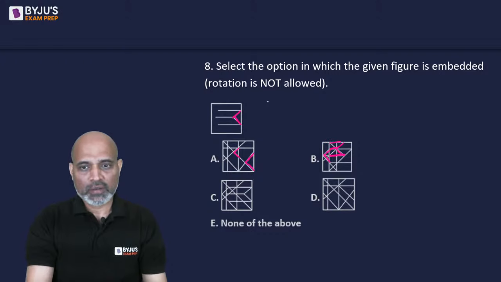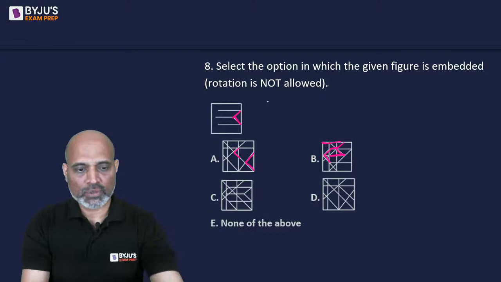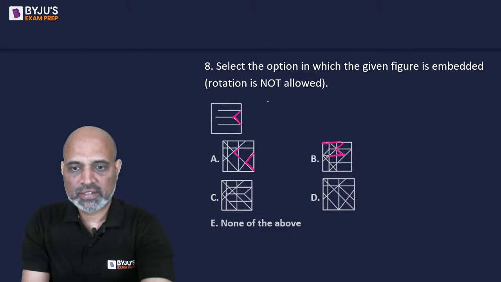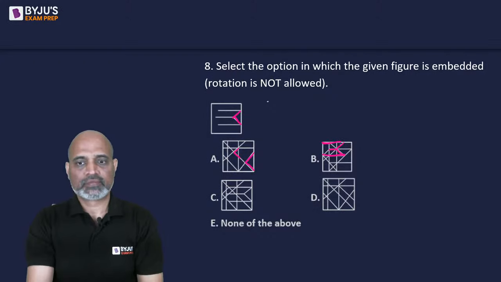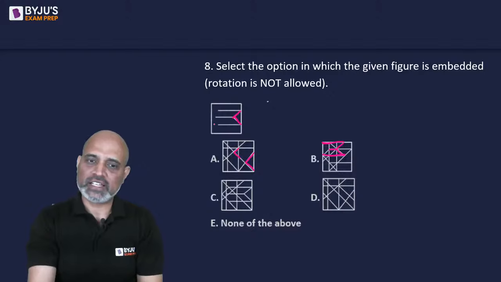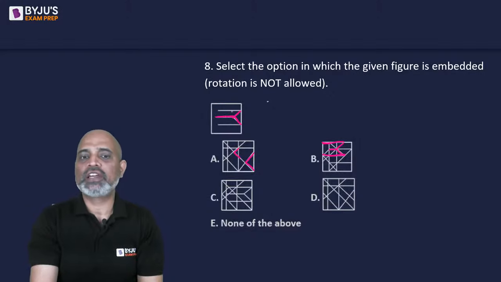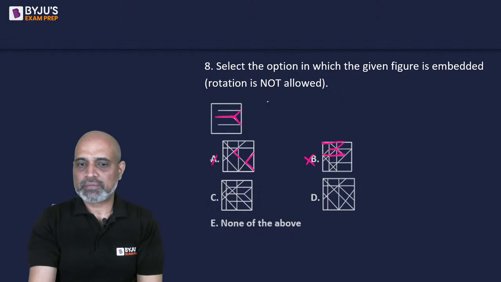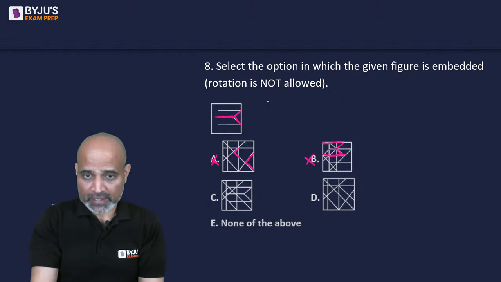Right, let's make this a bit longer, okay? But is it the same? No. If you look at the three horizontal lines, the middle line is the longer one as compared to the other two. Here it is shorter. So B is also not it. If you look at C, we see the arrowhead here, we see it here.